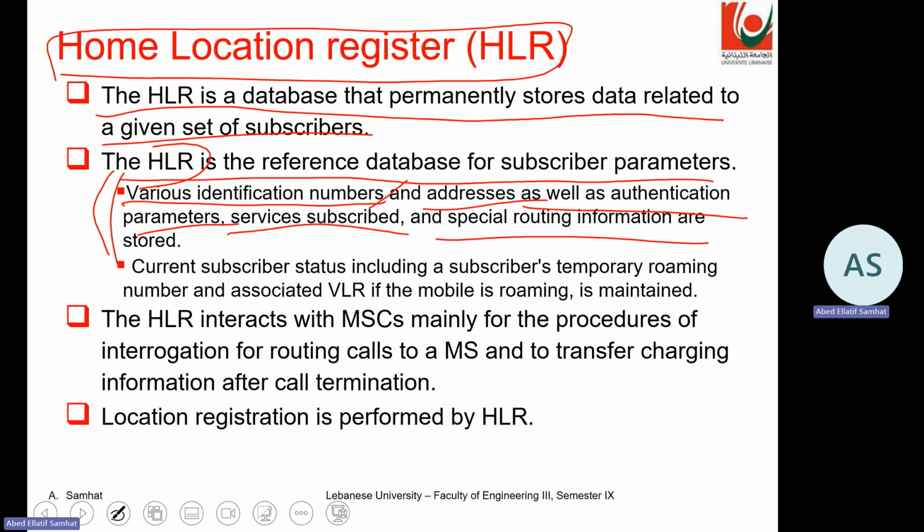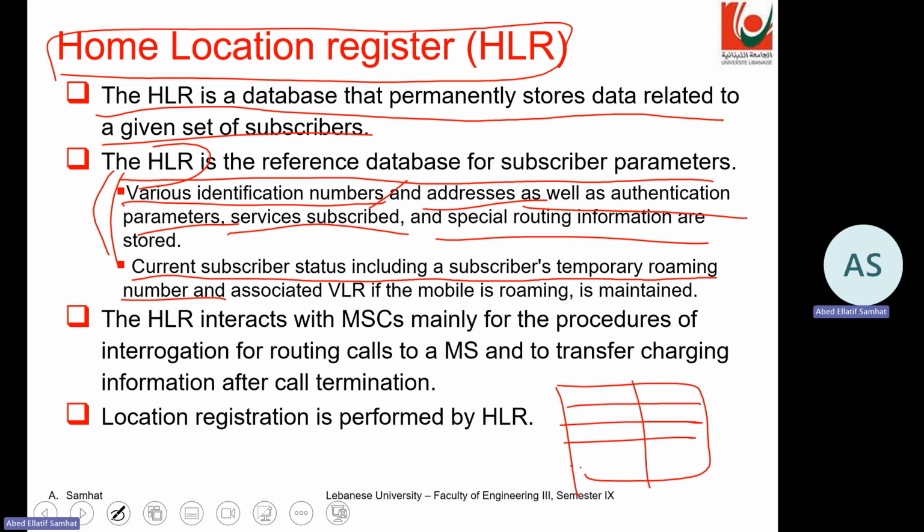In addition, you have the current subscriber status, including the temporary roaming number. So the home location register will know that this user A is now under the control of this VLR with this temporary number, but the HLR is not aware of the exact position of the mobile device.